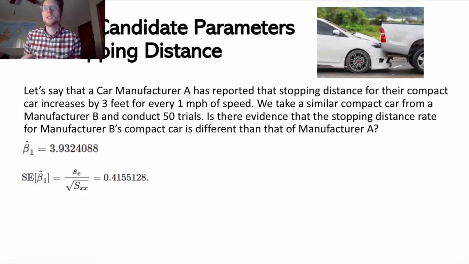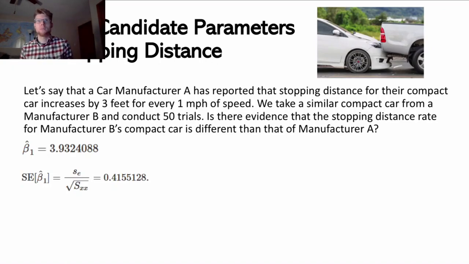So let's go ahead and do an example with beta hat 1, and let's do a hypothesis test where we're going to judge it in relation to 3 being the possible parameter for beta 1. Let's give the context: car manufacturer A says that for every 1 mile per hour of speed, the average stopping distance increases by 3 feet.